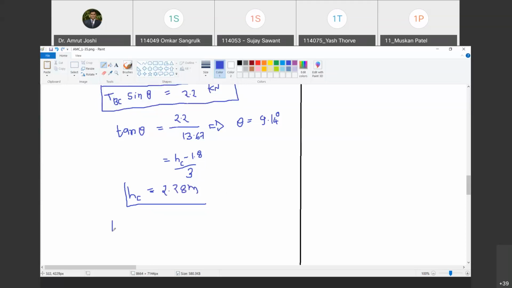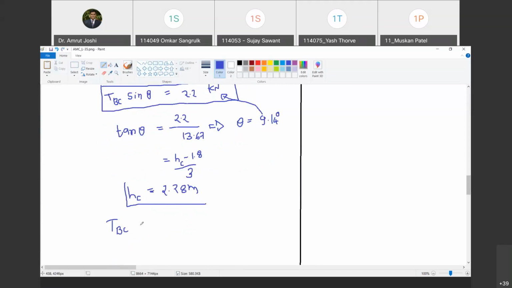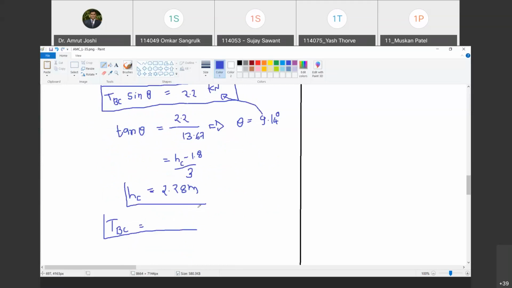And what is the value of TBC now? So you can substitute this theta in this equation and you can tell me what is the value of TBC. 13.85 kilonewton.